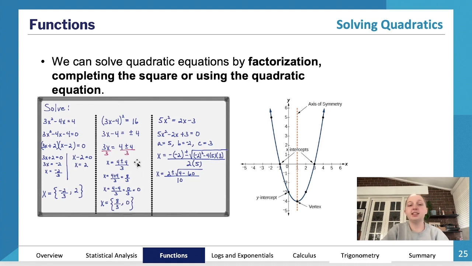I mean, it does get tricky with some questions, and yeah, things just get a little bit harder when you're doing this, but essentially just making both sides be able to get square rooted, and then you just solve from there.